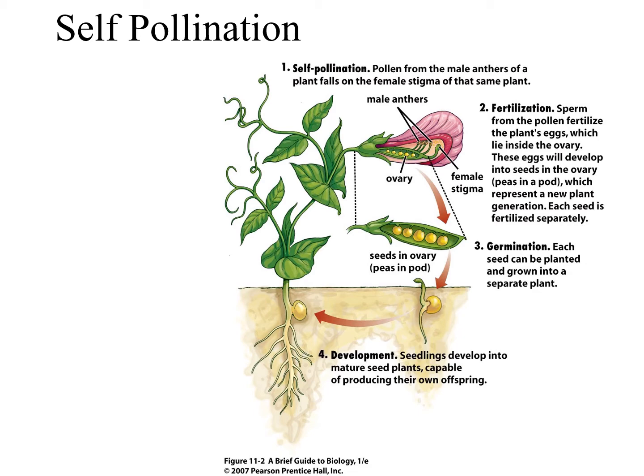Most plants will not self-pollinate. Peas will. They have a complicated flower structure. The male and female parts mature at the same time. And if you leave a plant alone, it will self-pollinate. That makes it very easy to inbreed and maintain what he called true breeding strains.